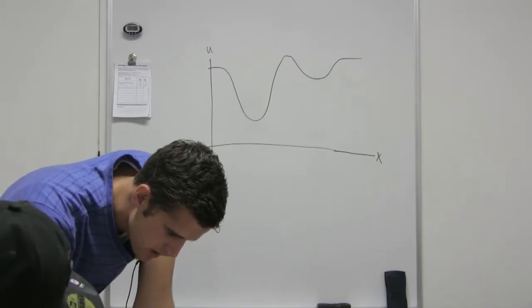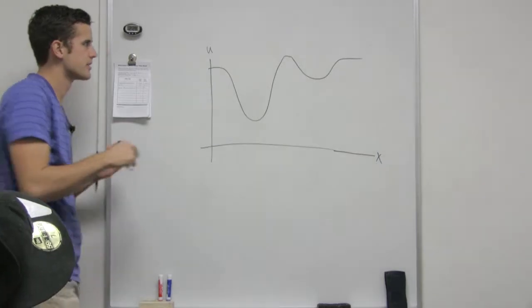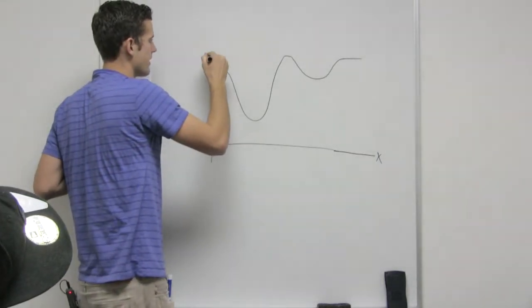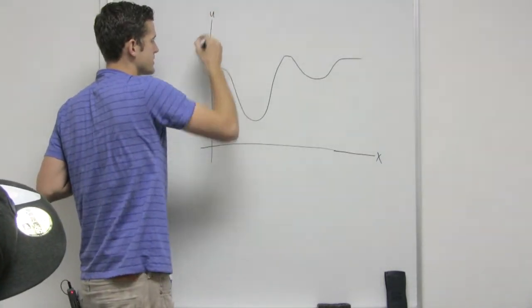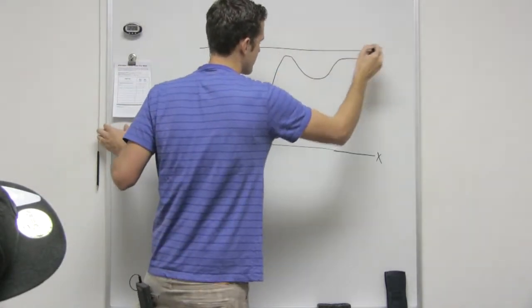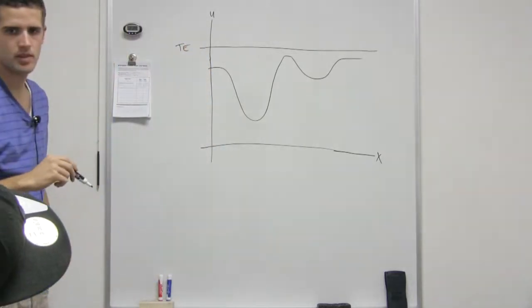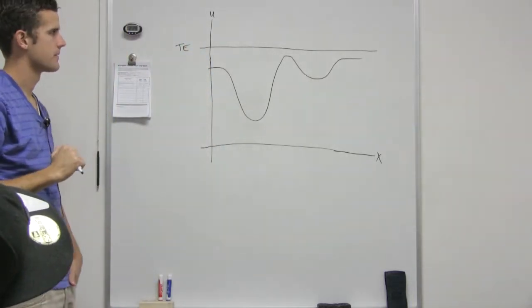So basically, if you think about this graph we have here, this is potential energy. Let's say our total energy is right here. How does that happen if it never even touches?